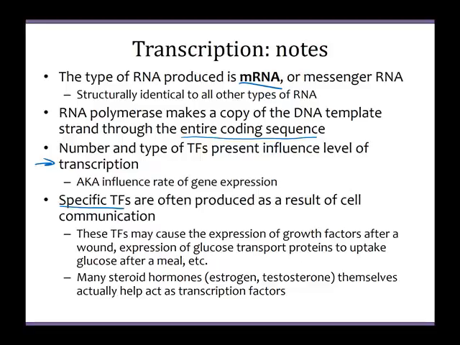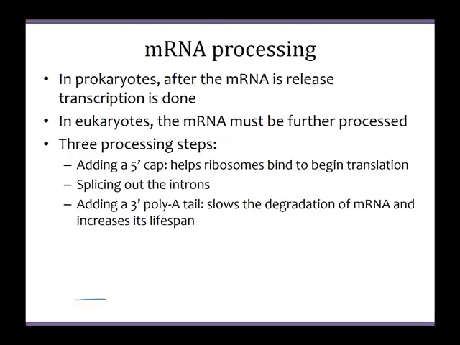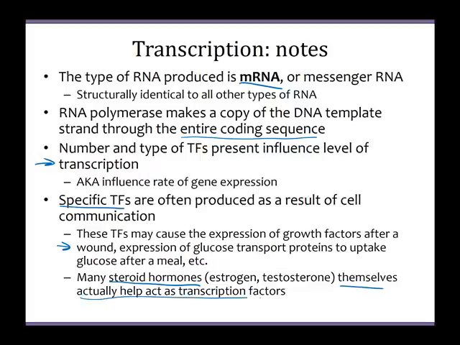So just to give you a couple other examples, specific transcription factors, especially if they're steroid hormones like estrogen and testosterone, they themselves actually help act as transcription factors. That's exactly how vitamin D worked. Vitamin D was a steroid hormone. It itself actually did kind of bind to DNA.